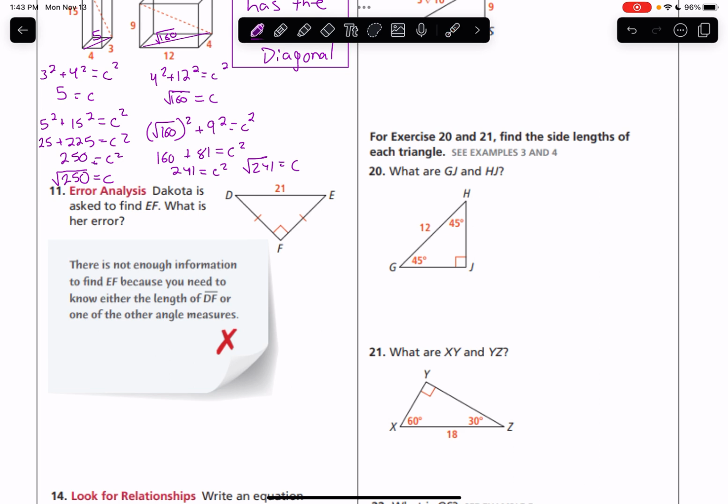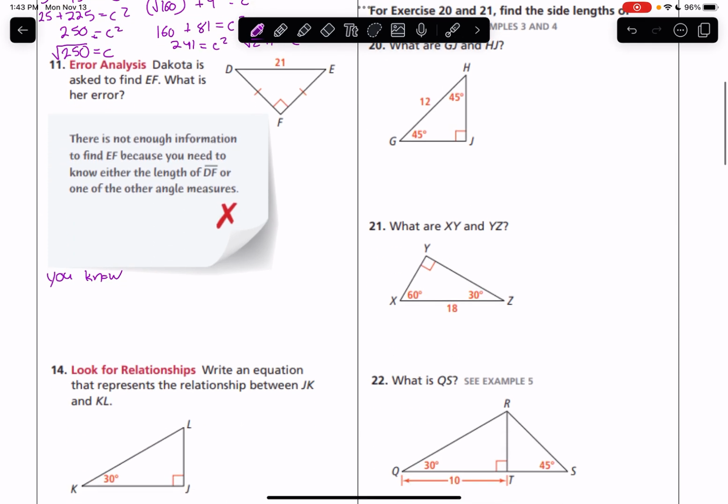So let's write that. You know that this is a 45, 45, 90 right triangle because the legs are congruent. So what we can say is we can use the 45, 45, 90 rule.